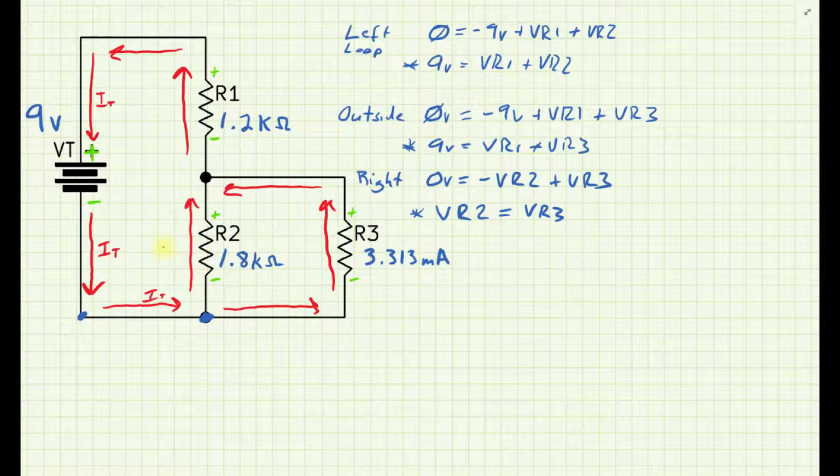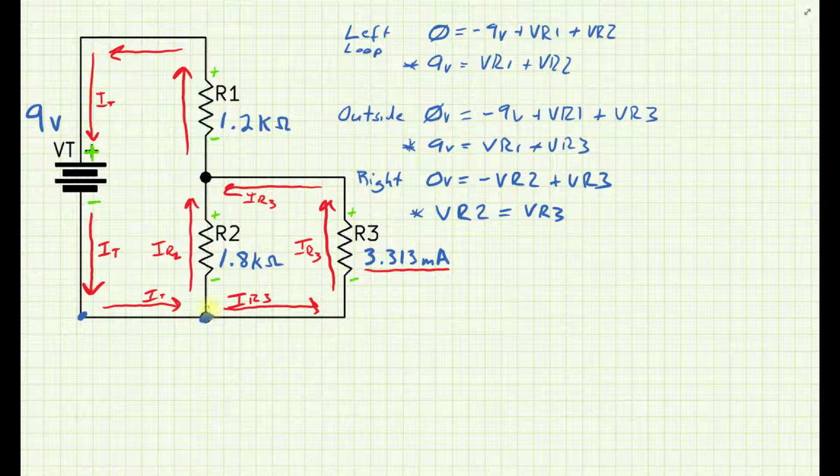The current going through R2, we'll call I of R2. And the current going through R3, we'll call I of R3. That one's a given right here, which is part of why we're going through this detailed analysis. That current, IR3, is also the current returning to this node up here. So it's all the same stuff.